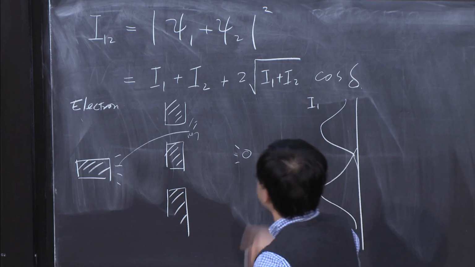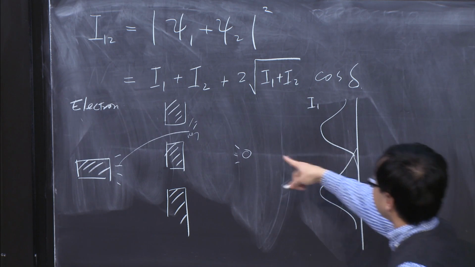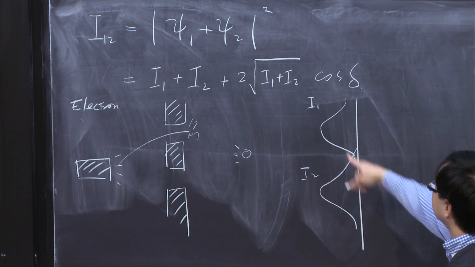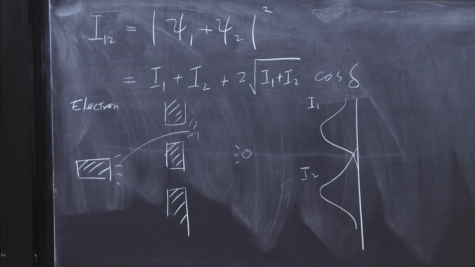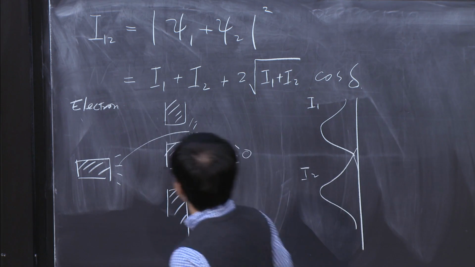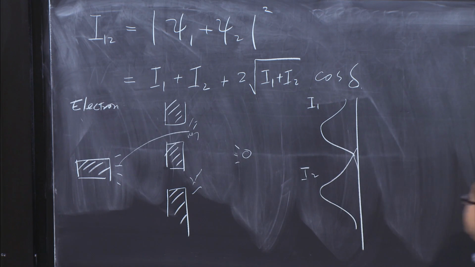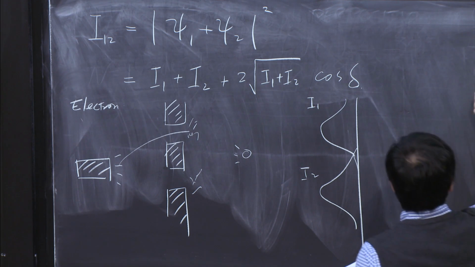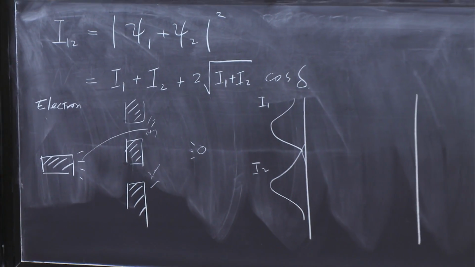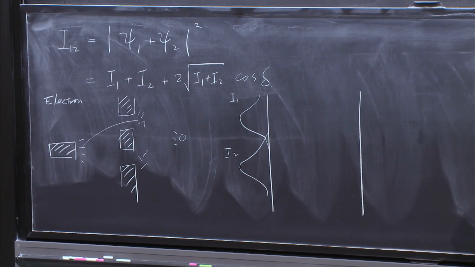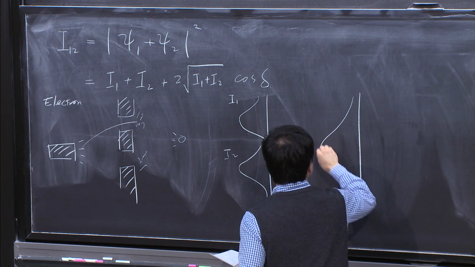If I block one of the slits, this is the distribution I1 and I2. Now I'm going to open both slits, and you will see light coming out of the slit when the electron passes slit number 1 or slit number 2. You can identify which slit for all the electrons passing through this experiment. And the resulting distribution of electrons on the screen is like this.